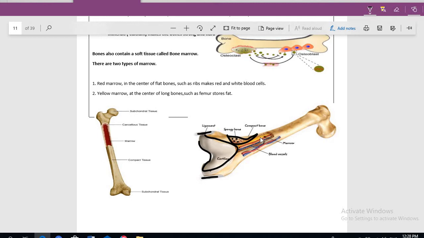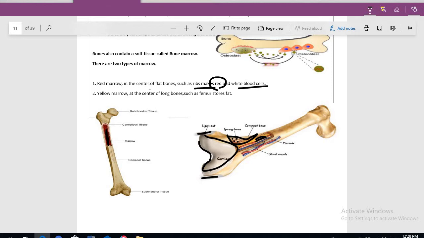Red marrow, this one, marrow. Red marrow in the center of flat bones such as ribs makes red and white blood cells.